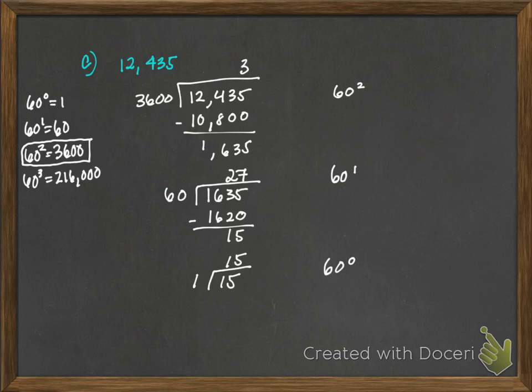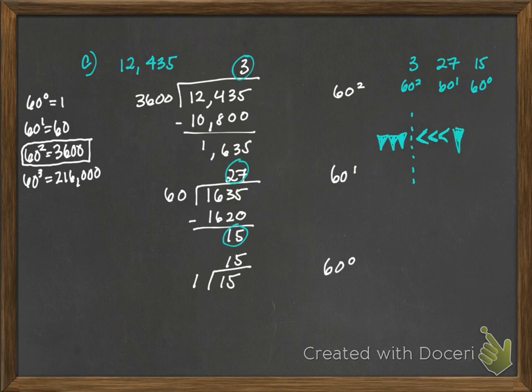Now I have to represent these digits. Remember, 3 is in the 60 to the second power, 27 is in the 60 to the first, and the 15 is 60 to the 0. Representing 3, it's 3 spikes. Next place value down is 27. I'm going to use subtraction. I'm going to make 3 boomerangs, and then subtract 3 spikes.